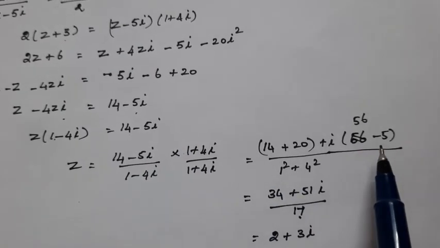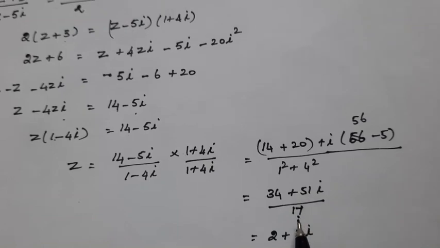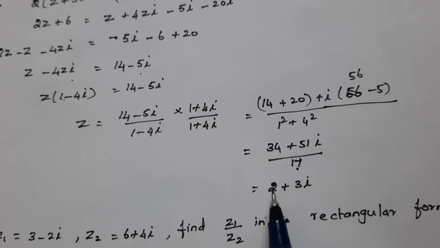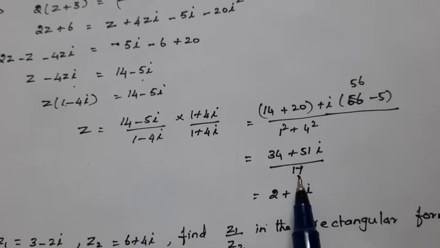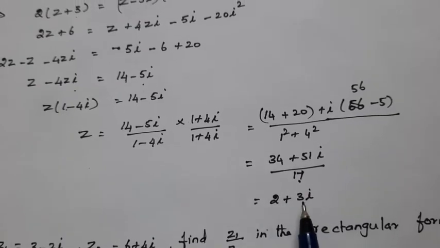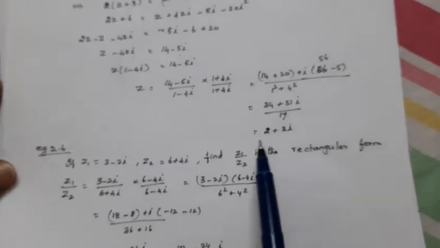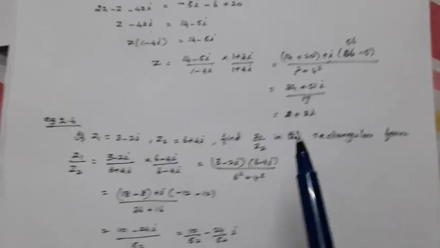So 56 minus 5, that is 51i. So 34 plus 51i by 17. 34 and 17 simplify, and 51 divided by 17 is 3i, so 2 + 3i. So now you have expressed this z in the standard form, that is in the rectangular form.